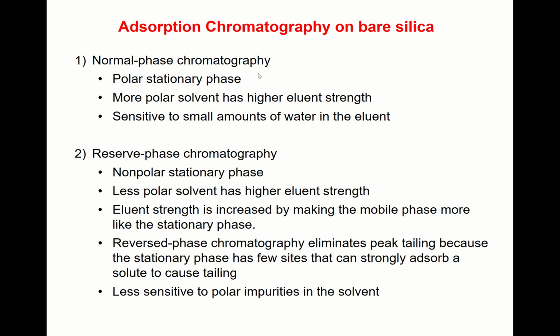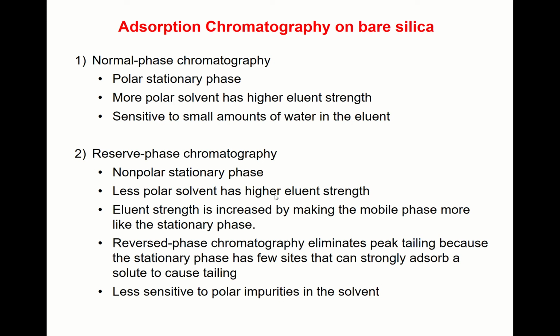In this case, a more polar solvent has higher eluent strength. It is sensitive to small amounts of water in the eluent, because water is hydrophilic. Remember, in this chromatography the polar stationary phase is used.